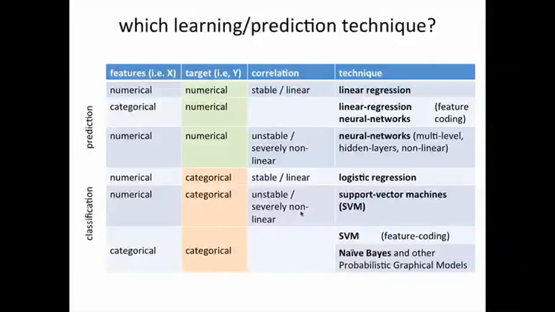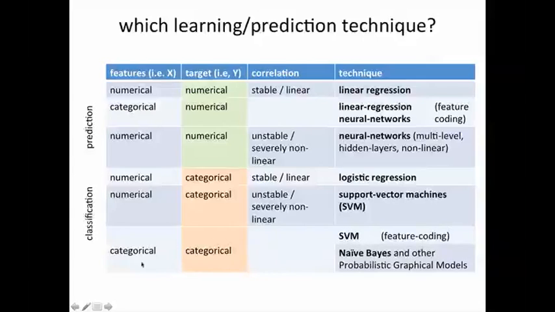Next we come to the classification situations where the target variable is categorical. Of course, when we have categorical features and categorical targets, we've seen how to use naive Bayes and other probabilistic graphical models. These days, SVMs, or support vector machines, are also very popular for even classification.